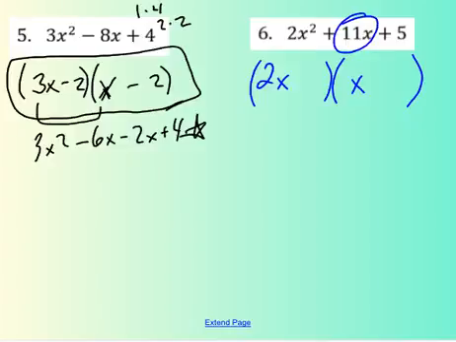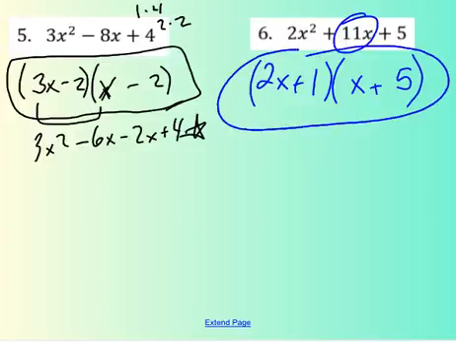So I want the 5 at the end and the 1 here. Plus, plus. And I'm pretty confident 2x times 5 is 10x. So just remember, 2x times 5 is 10x, and then this middle would be plus 1x. So that's going to show you how to get 11.